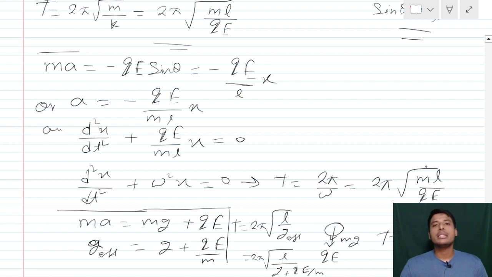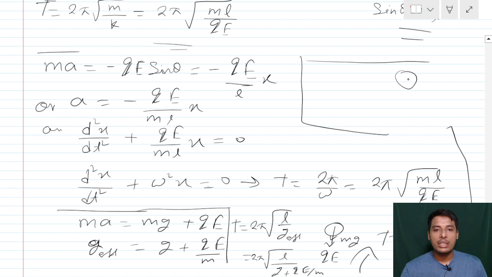So in this question it is given that the electric field is downward, but if the electric field is upward, then what will happen? We can easily write this expression for the electric field upward. When the electric field is upward, then mg will be in the downward direction and qe, the electrostatic force, will be in the upward direction.